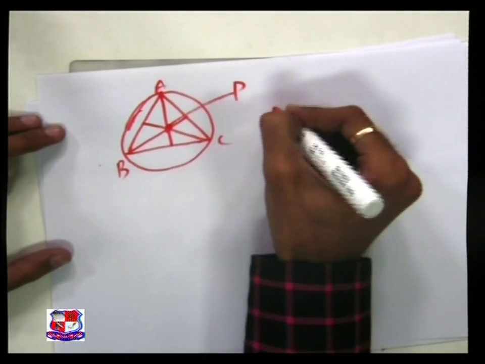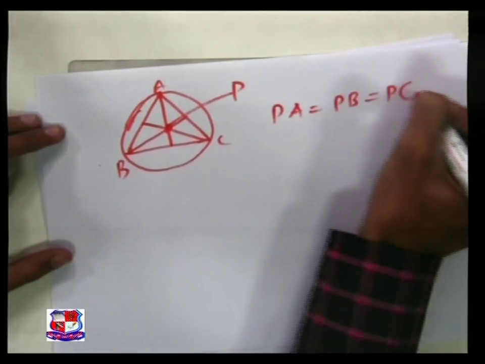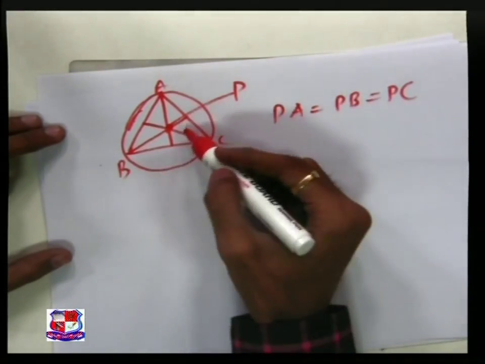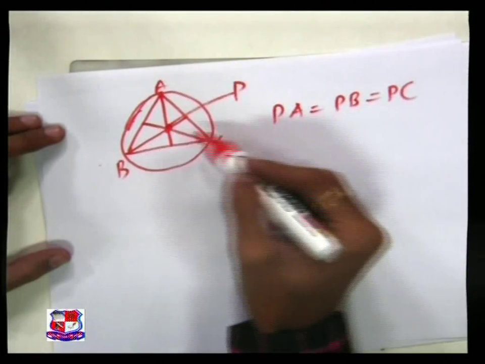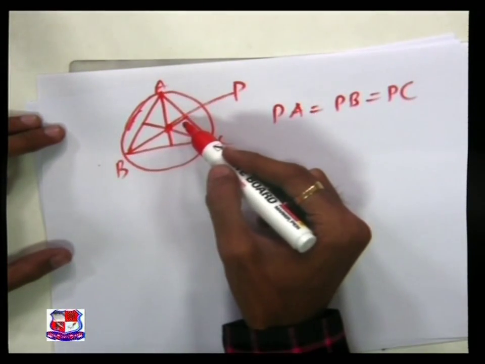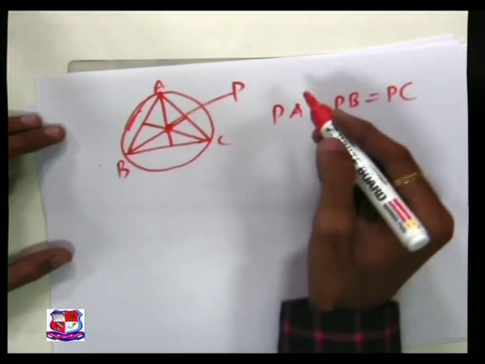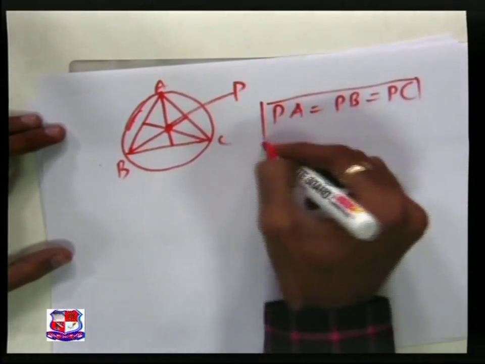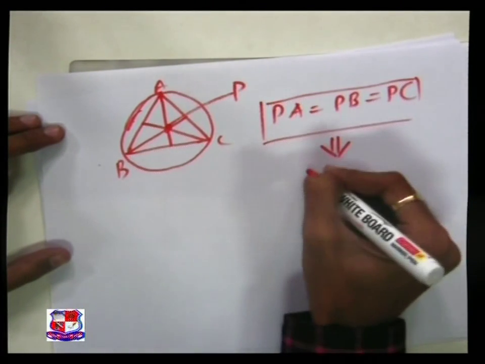Then we can say that PA is equal to PB is equal to PC, because PA, PB and PC are the radius of that circle. So here P is the circumcenter of this triangle, and PA is equal to PB is equal to PC, that is known as circumradius.